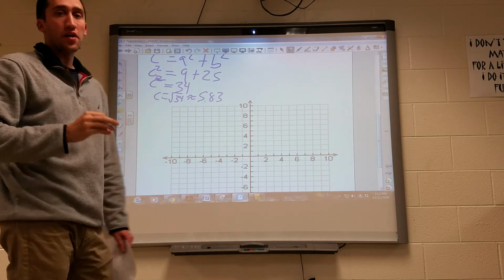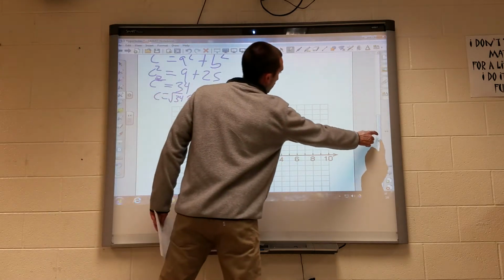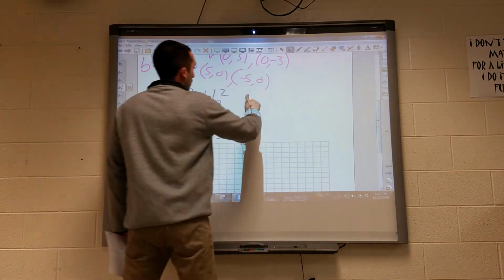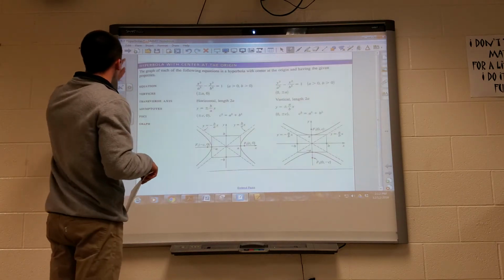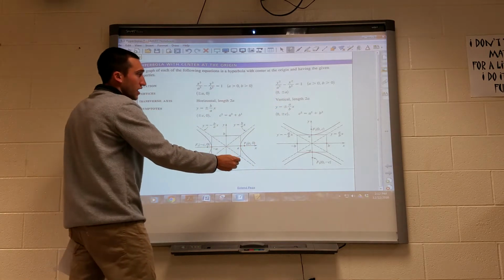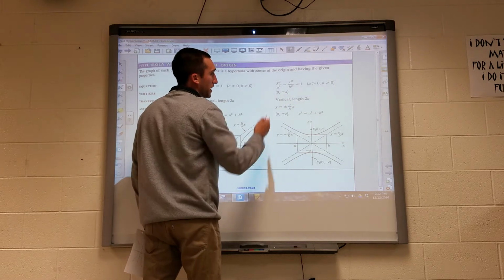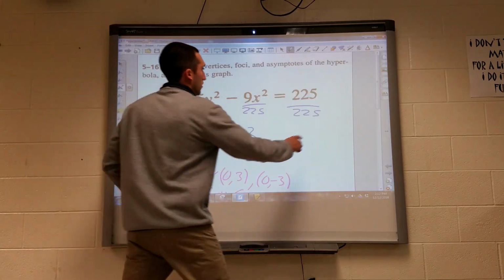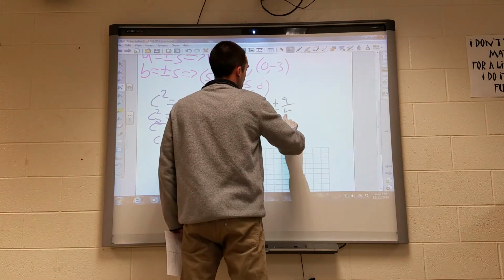Okay, and the last thing we need to do is find the equations for the asymptotes. So the asymptotes are y equals, and since it's a vertical hyperbola, we know that our asymptotes are y equals plus or minus a over b x.